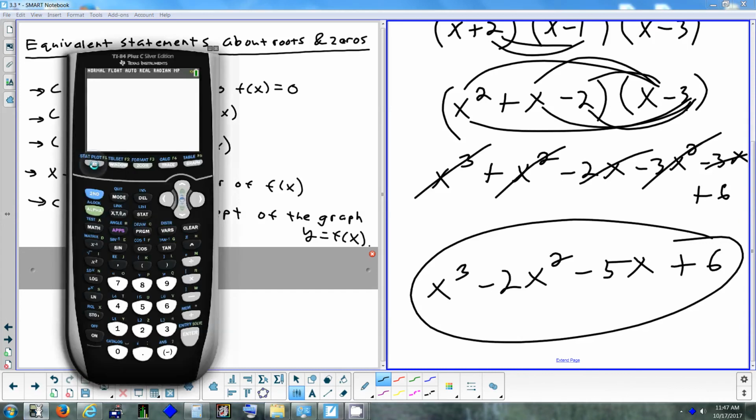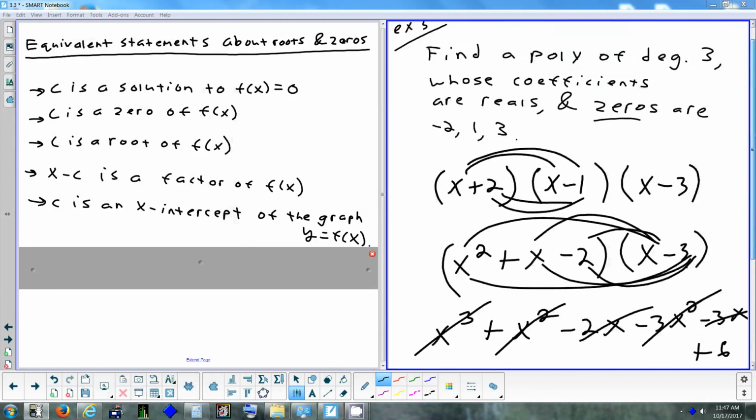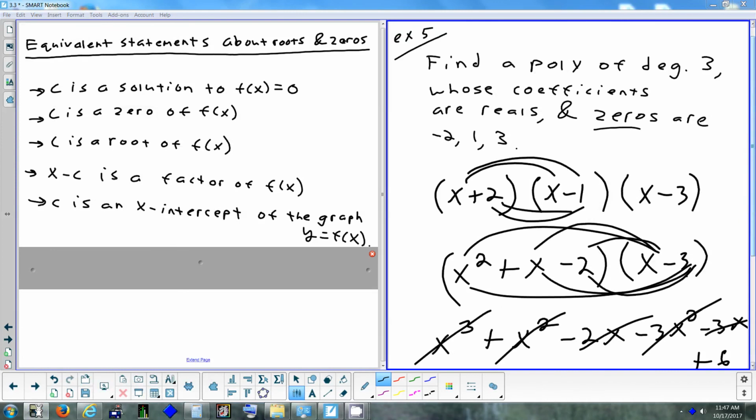Let's graph what we just created. x cubed, if you don't have your calculator, you can just watch it, minus 5x plus 6. When I hit graph, what are going to be the 3 spots that it crosses the x-axis? Negative 2, 1, and 3.